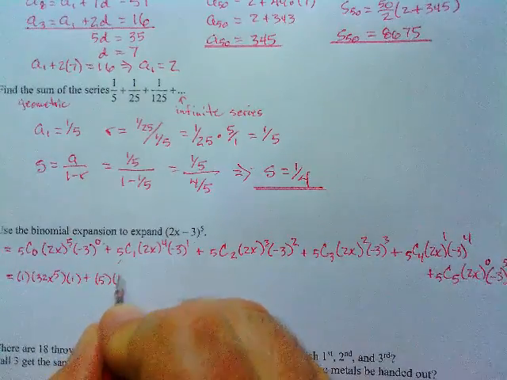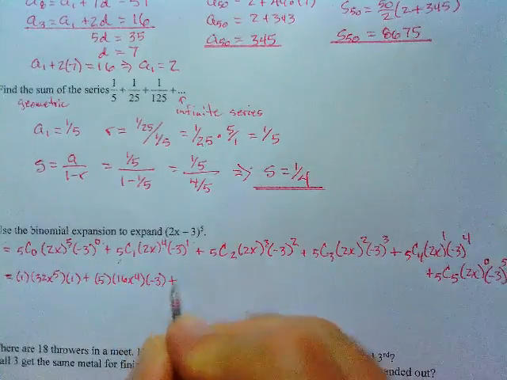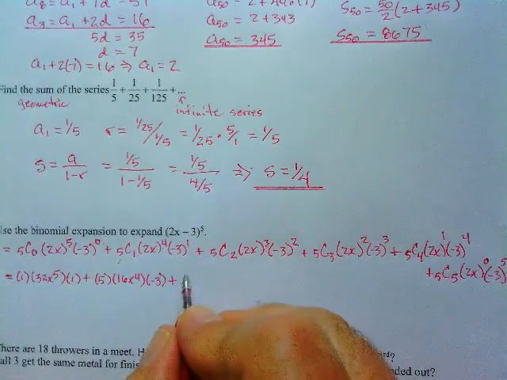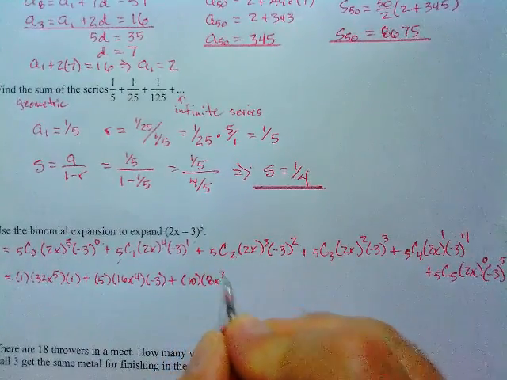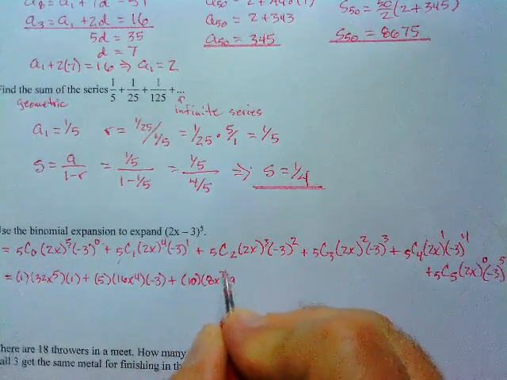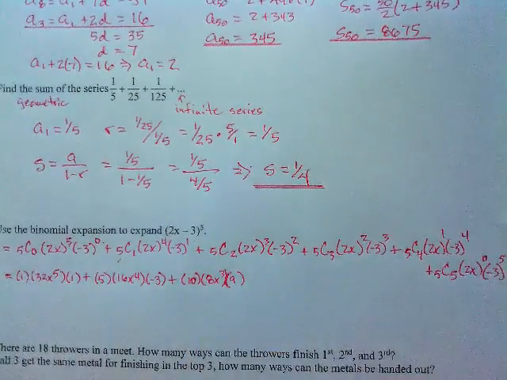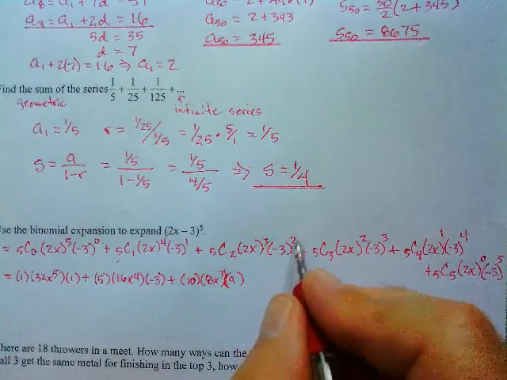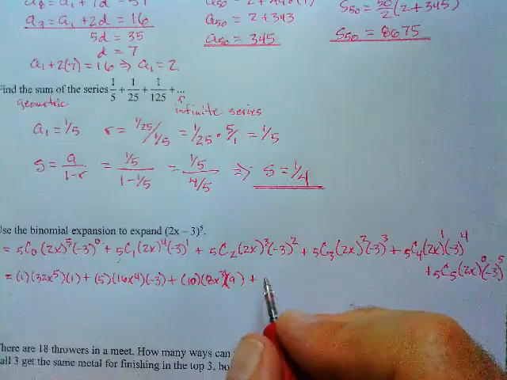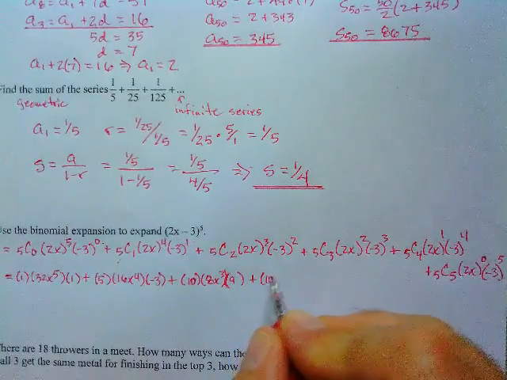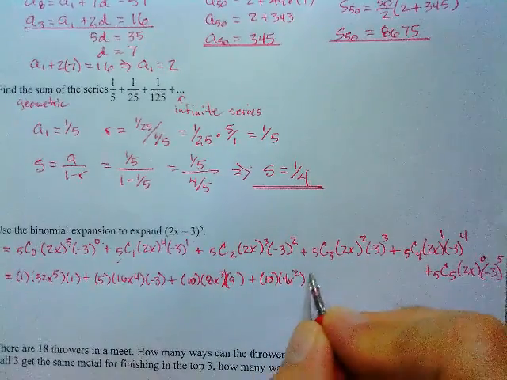And then I have 16x to the 4th and a negative 3. Then 5c2, which is 10. And then I have 8x cubed and a positive 9 to go next to that, because it's negative 3 squared. And then I have another 10. And now 4x squared and negative 27.